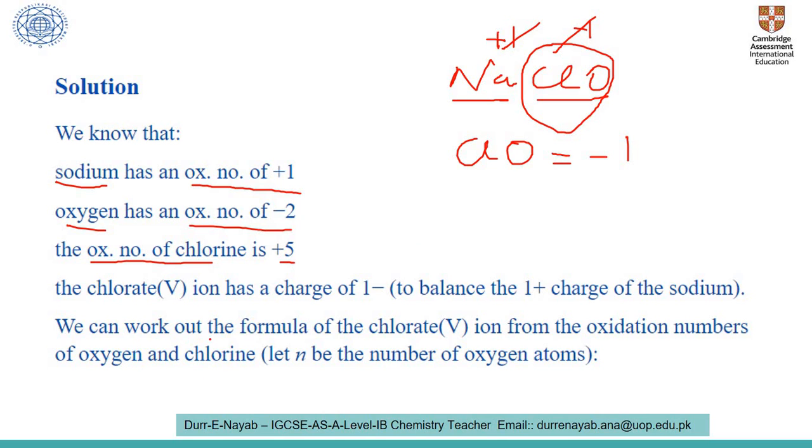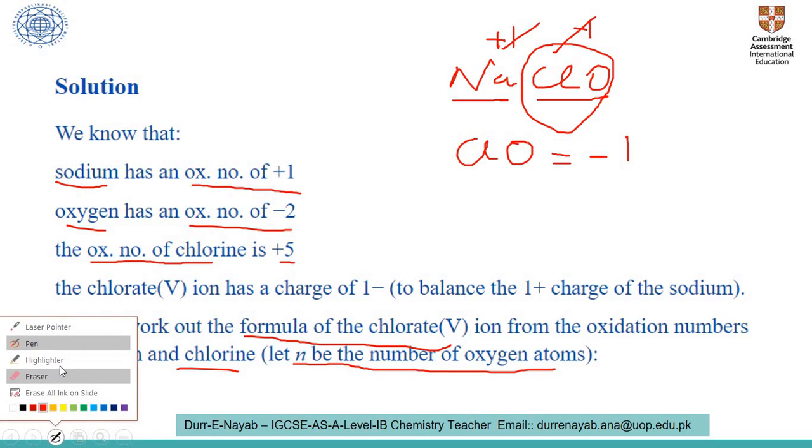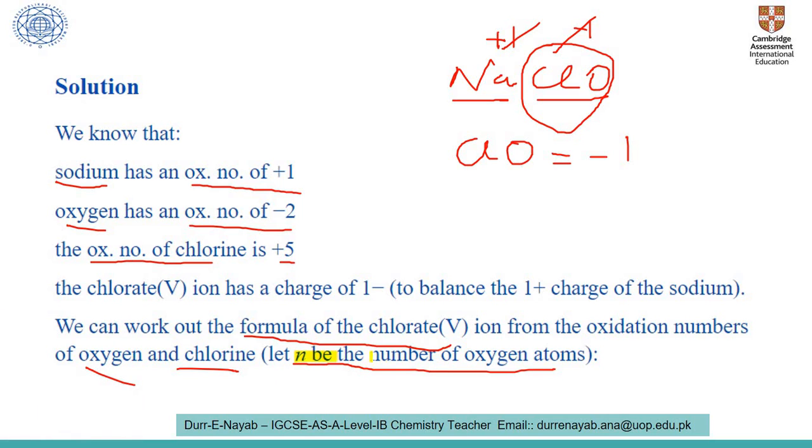Now we can work out the formula of the chlorate(V) ion from the oxidation numbers of oxygen and chlorine. How are we going to do this? I don't know how many oxygen atoms there are. N is the number of oxygen atoms. I don't know how many oxygens are attached to chlorine. This is something which has to be answered.